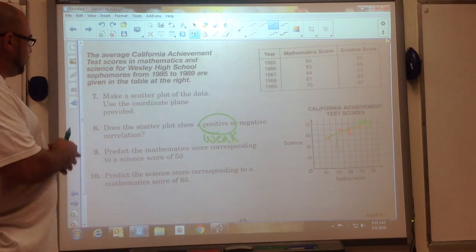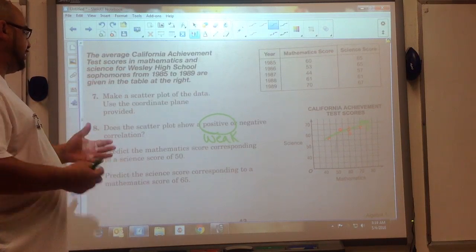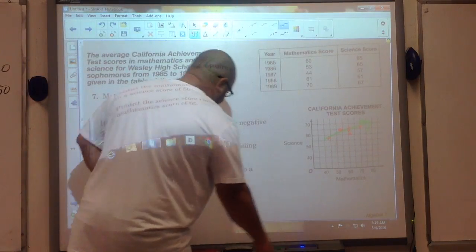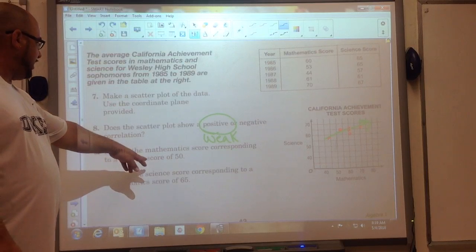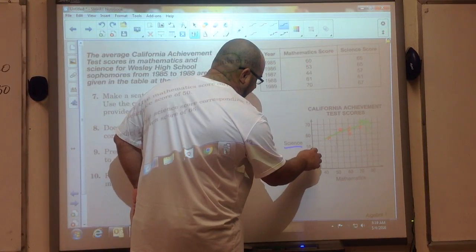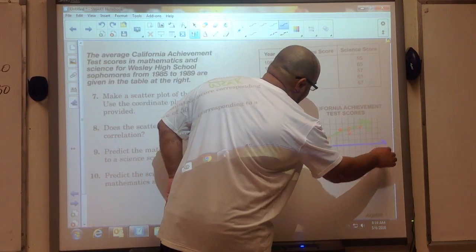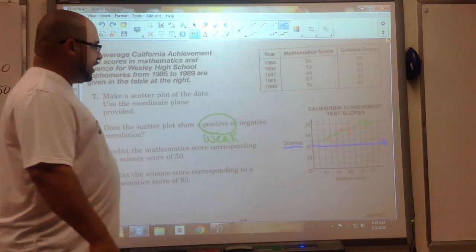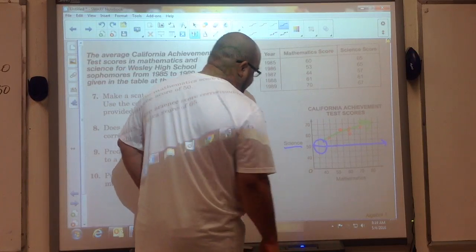Then it says predict the mathematics score corresponding to a science score of 50. So I'm going to do this with the blue marker. If the science score is 50, so here's my line, and it's going to be a mathematics score, I would think it would be around this ballpark here somewhere.